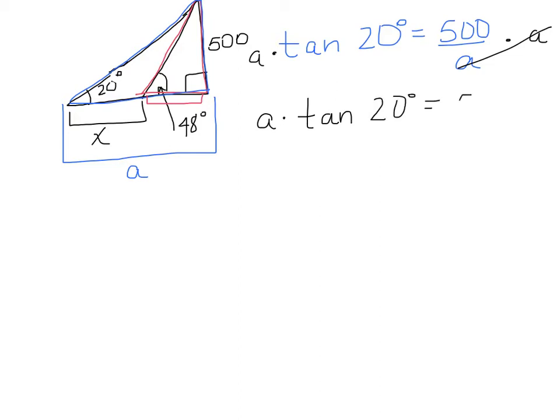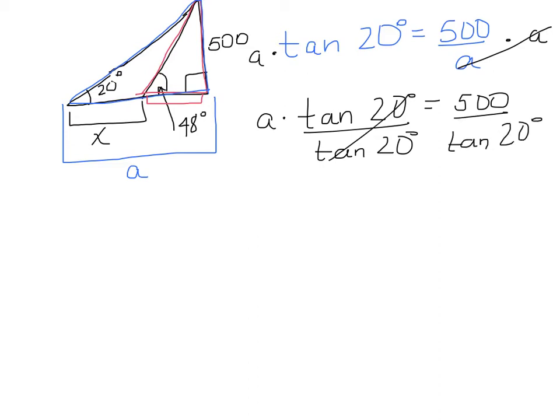Then I'll divide by the tangent of 20, and I'll get A equals 1,374.